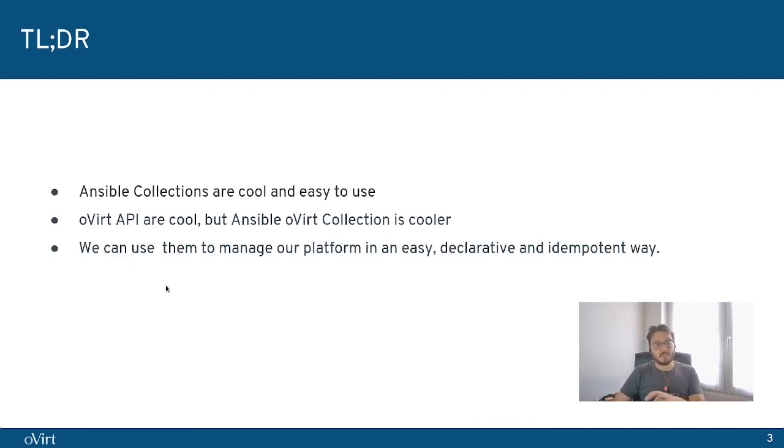The oVirt API is cool, but the Ansible Collection is better suited to communicate with our platform and lets us manage it in an easy and declarative way. So we can easily create our objects without any problem.